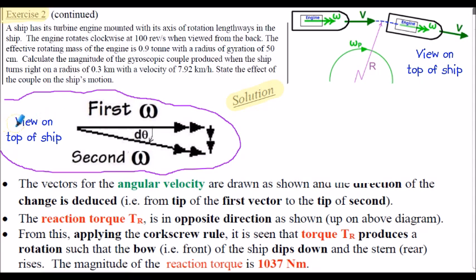So considering the view from the top of the ship, looking down on the ship here, this angular velocity shown here on our sketch is this angular velocity vector shown here. The double-headed arrows relate to the rotational direction of the engine shaft.